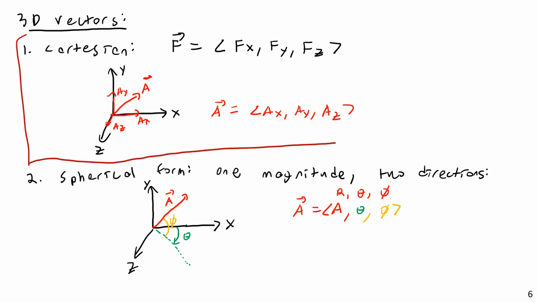So don't get too caught up in worrying about the spherical and cylindrical representations of 3D vectors. In this course, the only 3D vectors we're going to work with are going to be Cartesian, although for the 2D, we will sometimes work with, especially early on, the polar form.